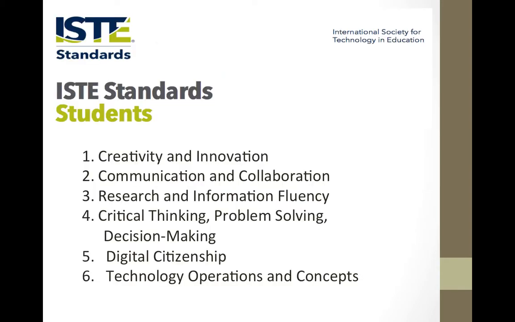The ISTE, or the International Society for Technology in Education, has also published standards. These are the student standards. If you go to the ISTE website, you can also find standards for teachers and what teachers should know. And so for the student standards, you see ISTE has broken these down into 6 different categories. And then if you go to the standards themselves, you'll see more specific details under each of these categories. Notice in the ISTE standards some of their vocabulary: creativity and innovation, collaboration.